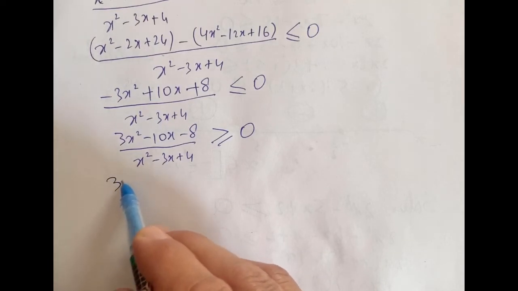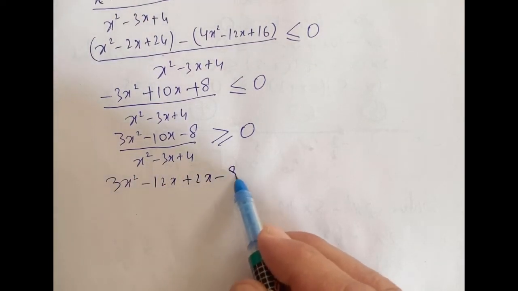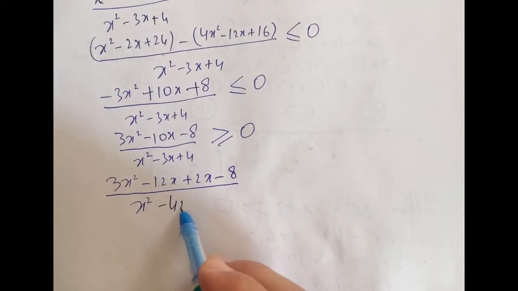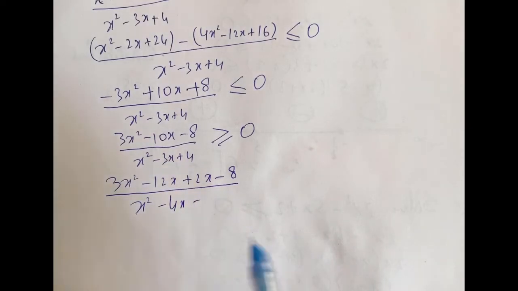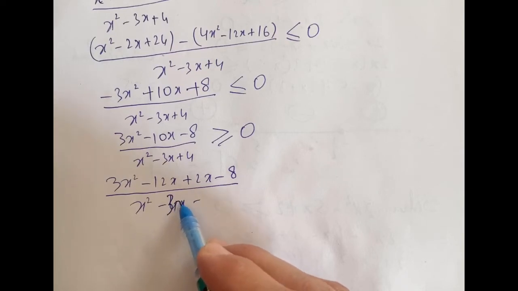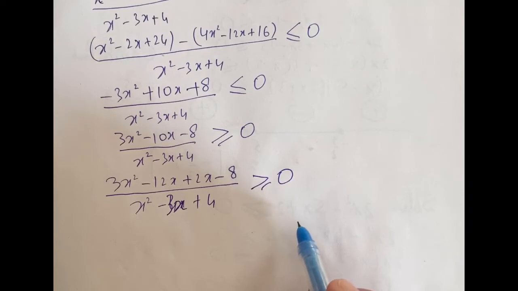This is 3x square minus 12x plus 2x minus 8 upon x square minus 3x plus 4, this is greater than or equal to 0.